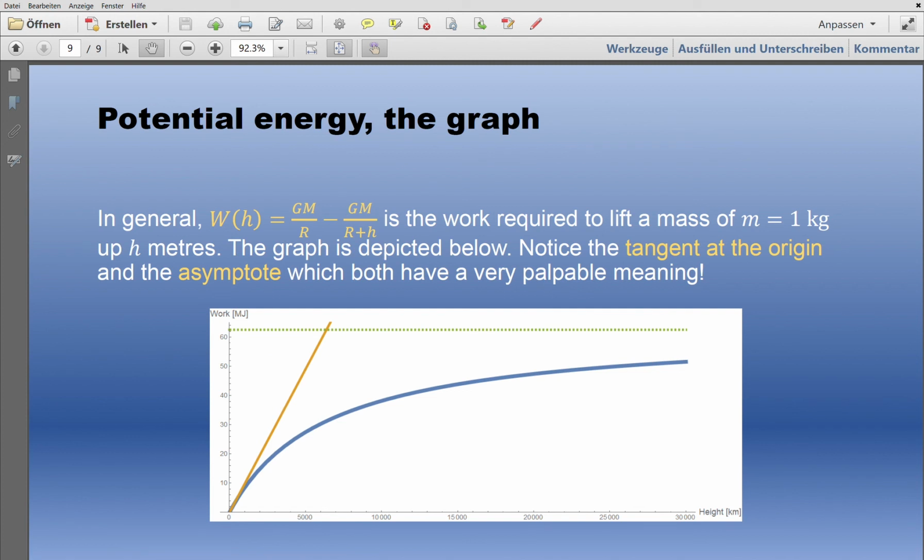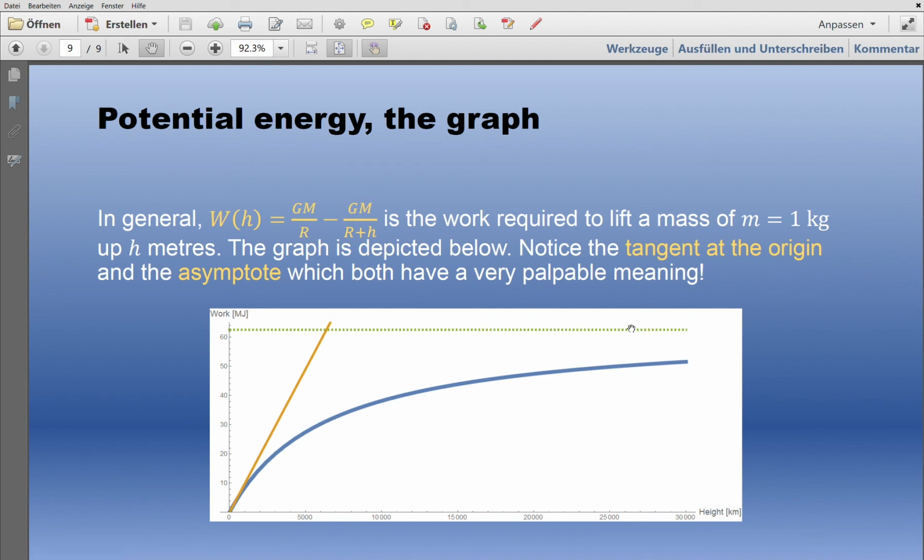It's easier to work with, and you get basically the same results down here. Only if you have, say, 2,000 kilometers, only then is there a notable difference. So that's what you used in physics thus far, and this is closer to the truth.